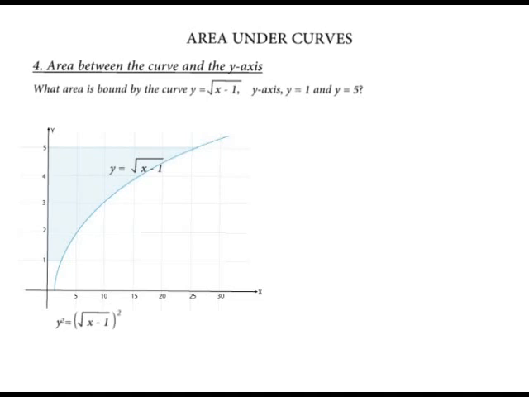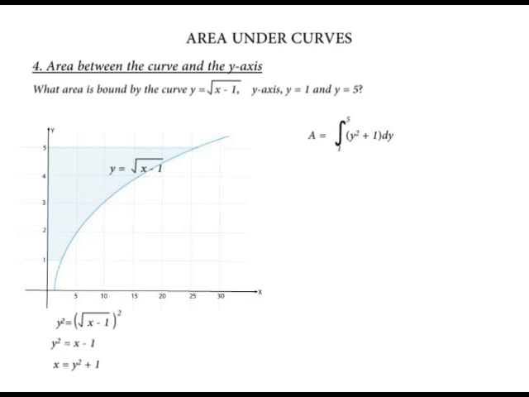We square both sides and we end up with y squared is equal to x minus 1. If we rearrange that, x is equal to y squared plus 1. And so the area will be equal to the integral of y squared plus 1 with respect to y, from y is equal to 1 to y is equal to 5.